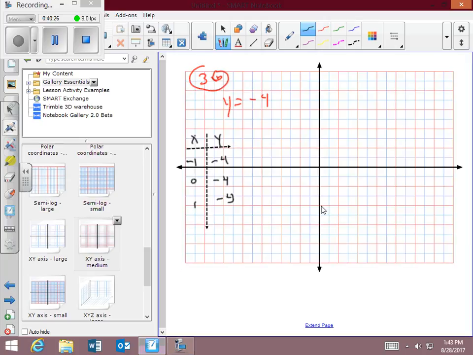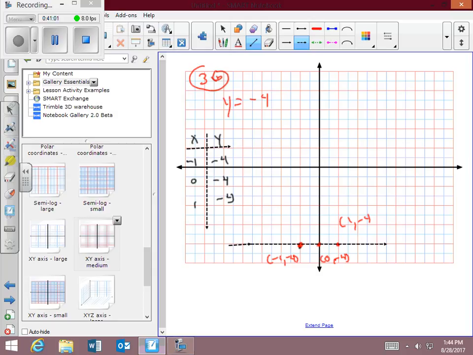So what this thing graphs out to be, y is a minus 4. So if x is minus 1, y is minus 4. If x is 0, y is a minus 4. If x is 1, it's a minus 4. So what does it look like? No matter what, we have a horizontal line, right?